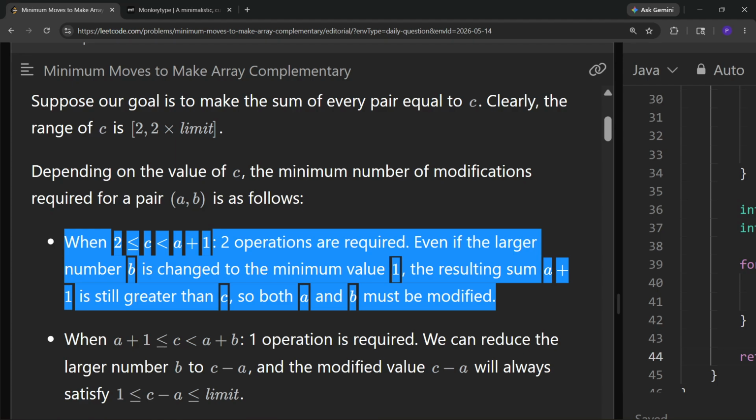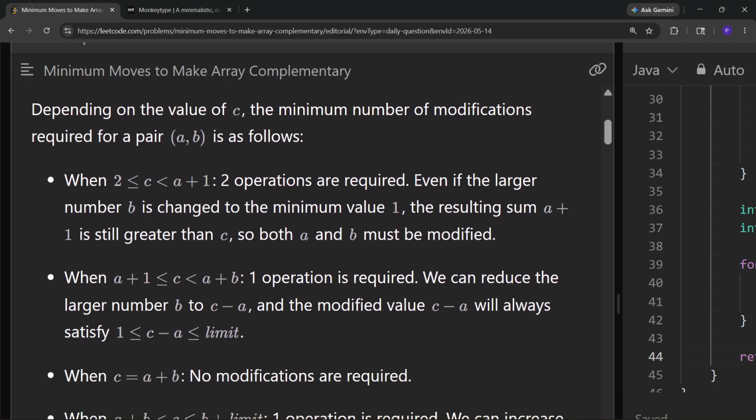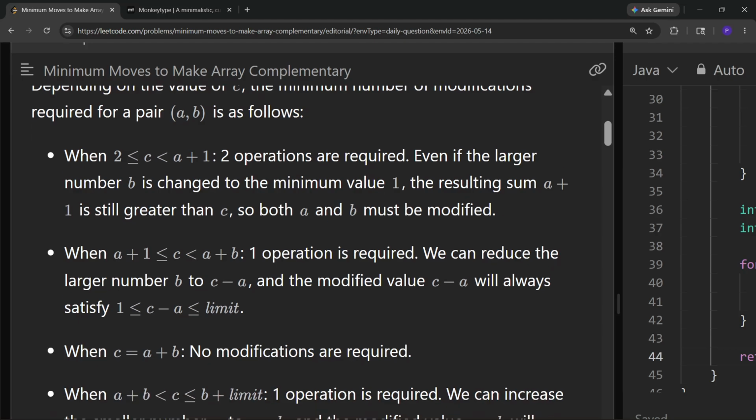And if A is the minimum number amongst the two, then B is always greater than A. Even then, if the minimum number of the two is still greater than the sum, I have to change both of them, because I cannot get a smaller number by adding something to a number that is already bigger than that. That makes sense.